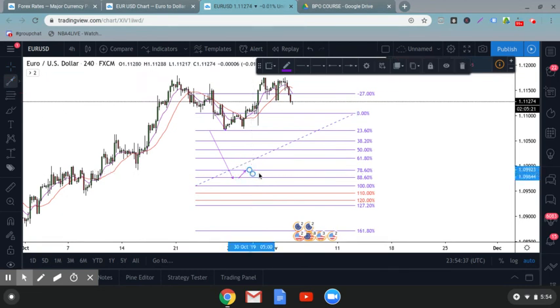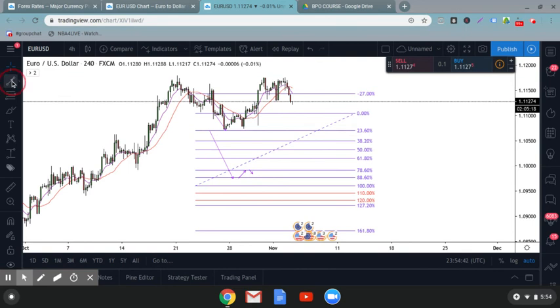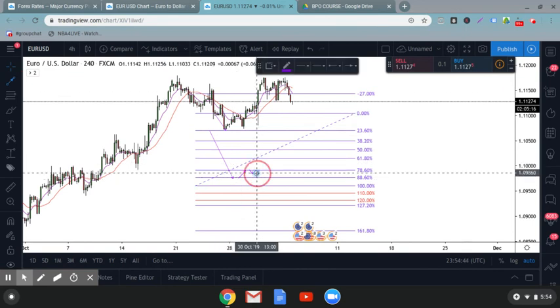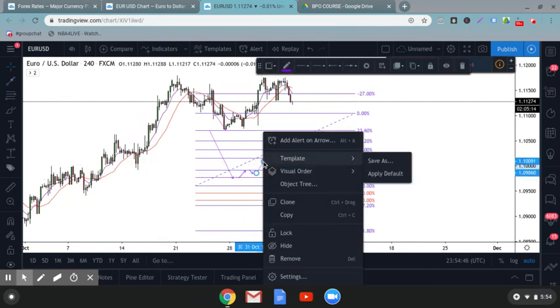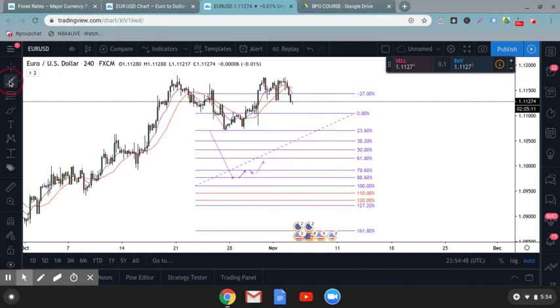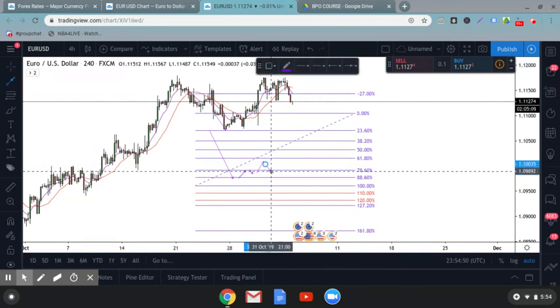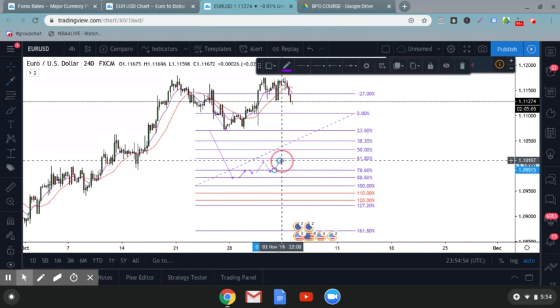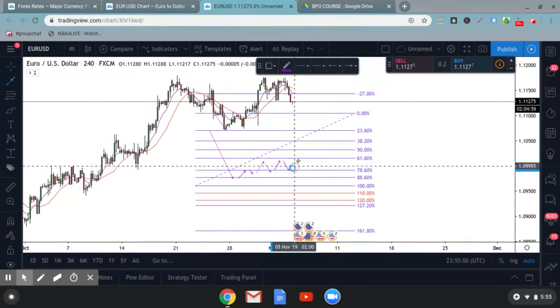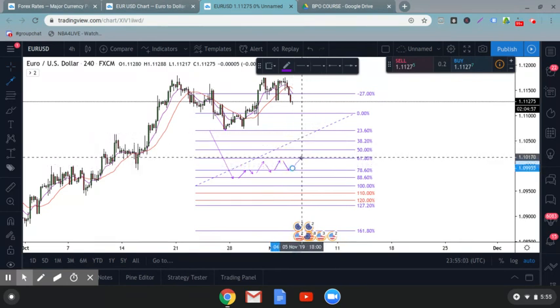It's going to test your patience sometimes. Not saying that this happens all the time. Sometimes you can see it ping up to 78.6 and just shoot. But a lot of the time, the higher price reversal zone that you guys are going up to, the higher the likelihood that you see slower movement back.